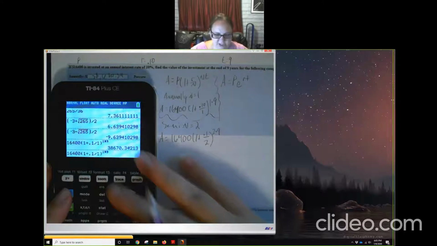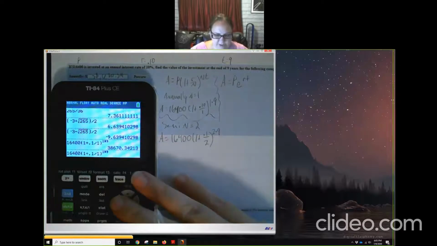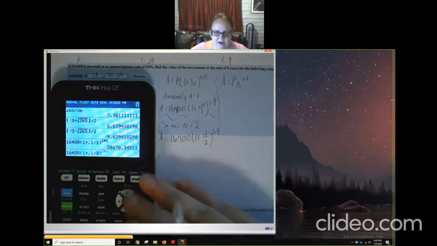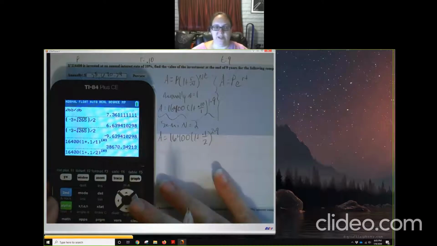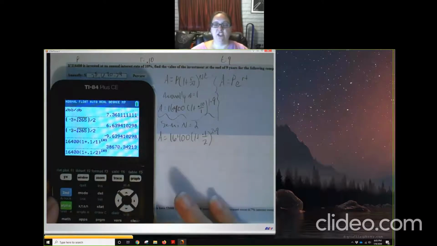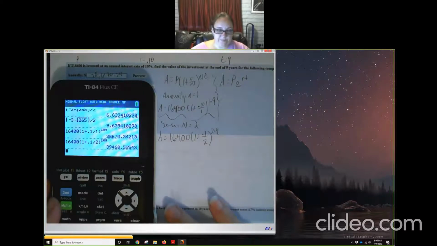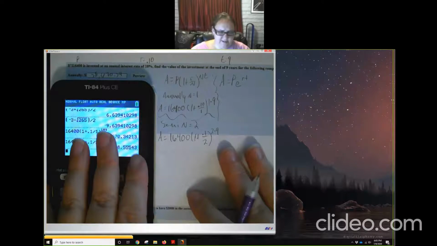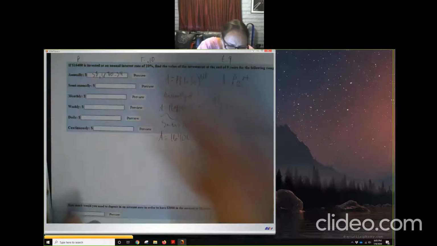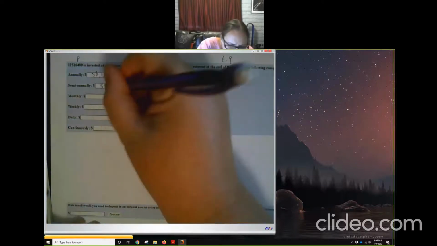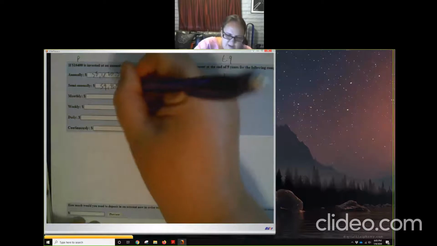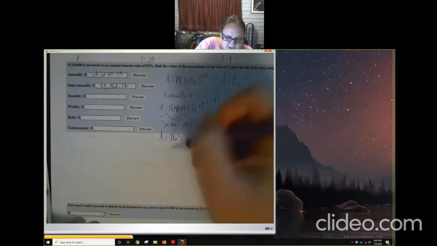And I'm going to change this 1 to 2. Because now instead of compounding our money once a year, they're compounding it twice a year. So they're generating interest for me 2 times a year instead of 1 time a year. 39,468.56. Okay.